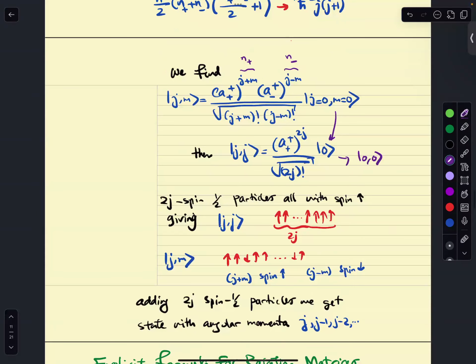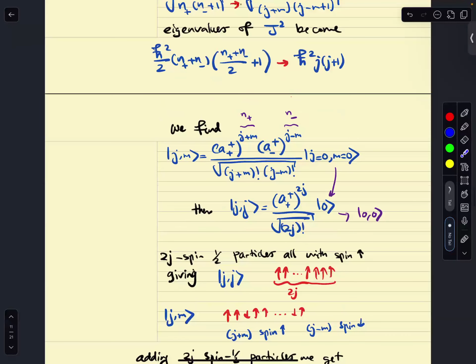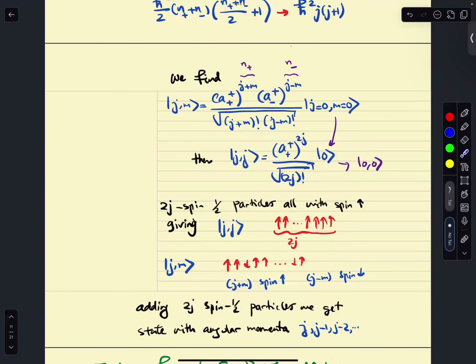So using this picture, you could see what is going on. What you have is a 2j. Think of this as this state, this ket jj. This is 2j spin half degrees of freedom. They're all pointing up. In this case, the total z component becomes j.